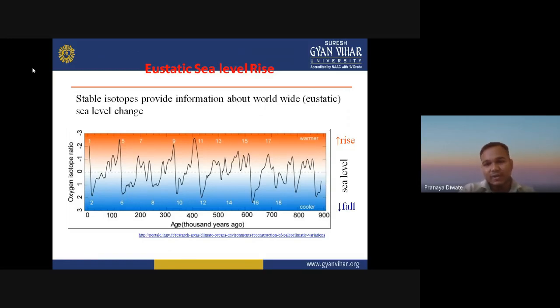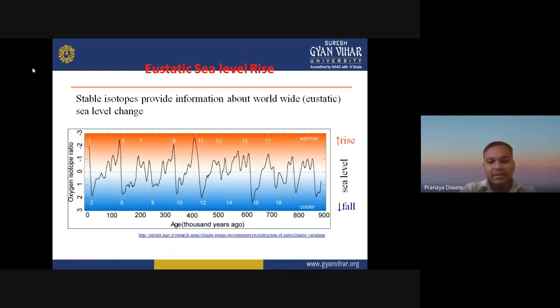All of these changes occur through different time scales. So this is how you can have different time zones, and the glacial and interglacial.